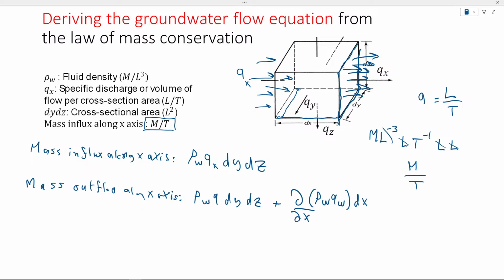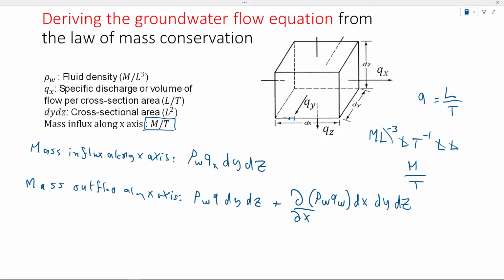Let me clear these here. That's my dx, along dx times dy dz. I'm looking at what is changing across this volume.